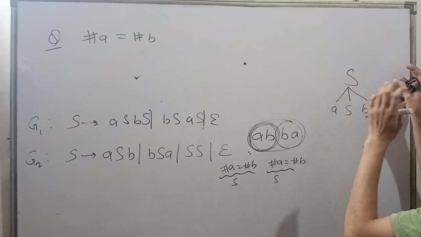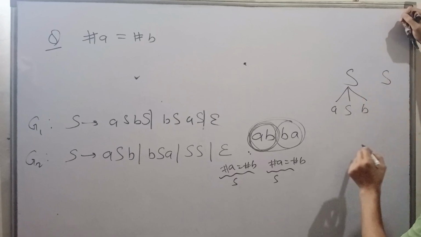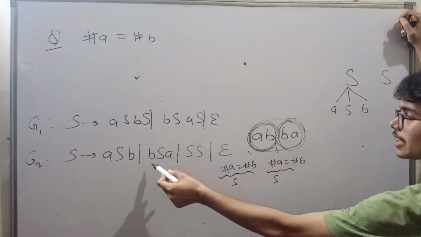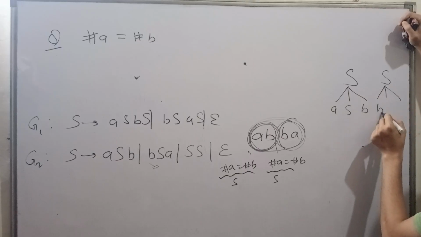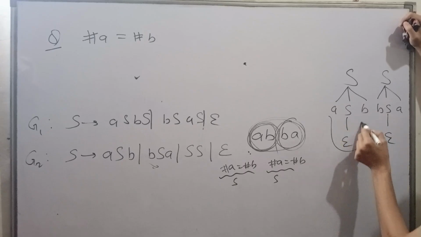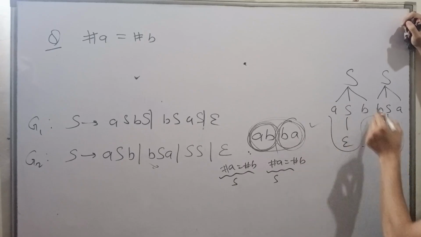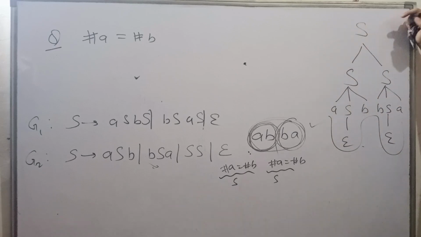If you have another S also, you can generate BA from it. If you have another S, you can generate B S A, and you can write epsilon. Then this is how you can generate this. So this S can be generated from S, so that's how this came.